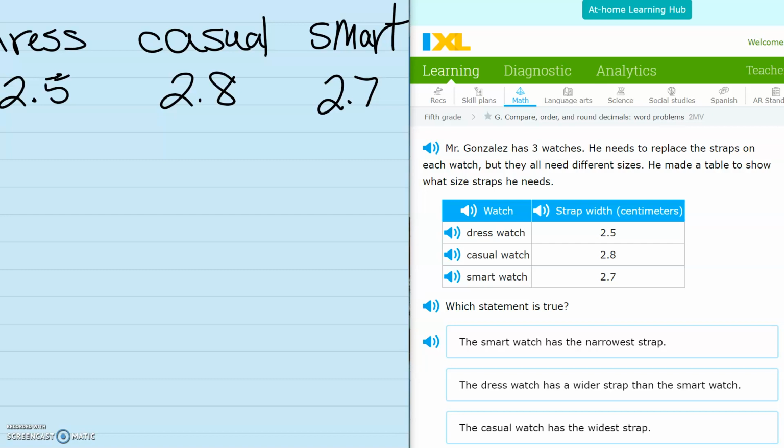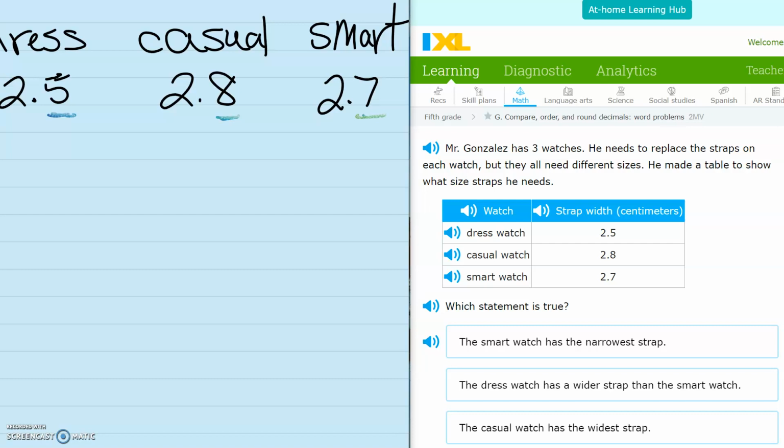So in our tenths, we have a 5, an 8, and a 7. So which one is the greatest? Which one is the biggest number? So this one is going to be the greatest.